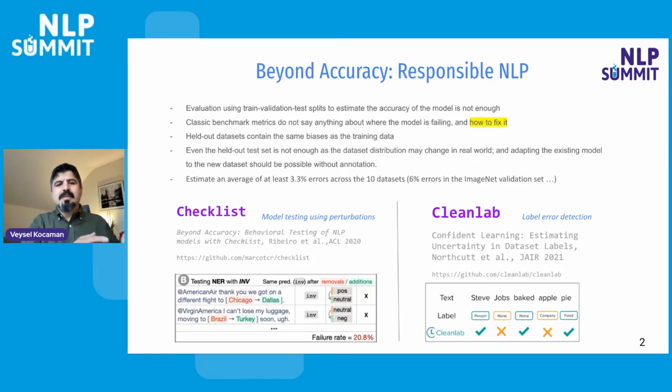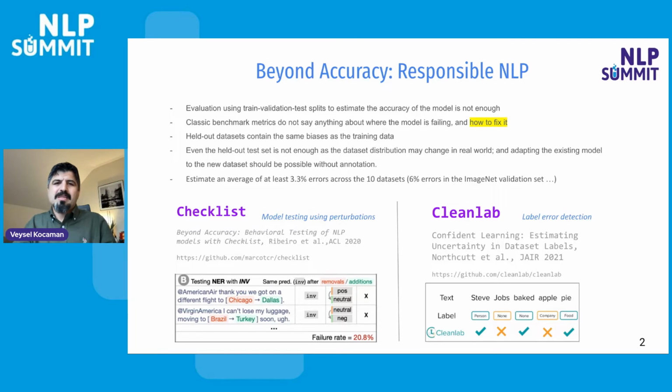So the biases in the original data set go to the test set as well. It's inevitable, and we may never notice if this model is going to fail in the future.